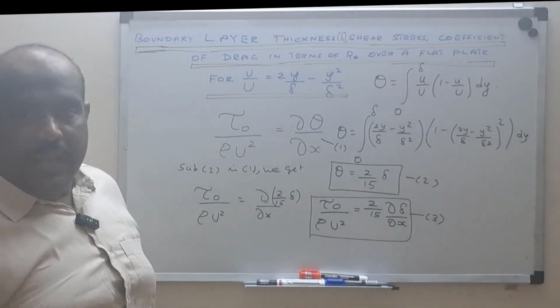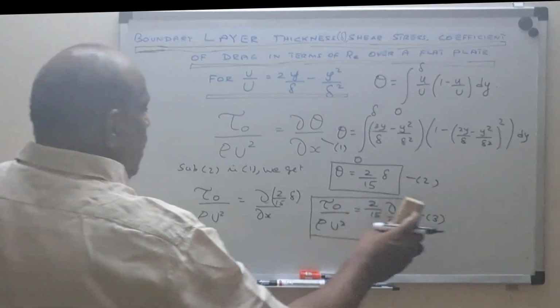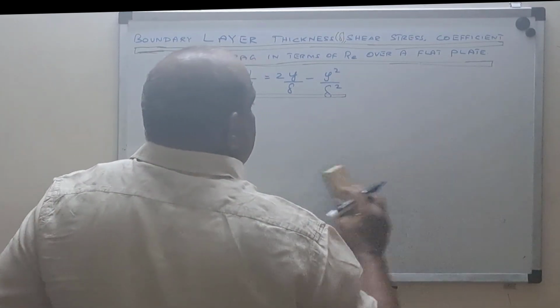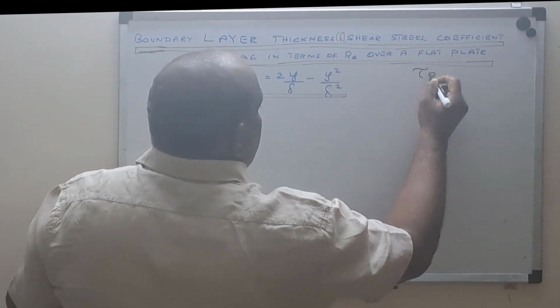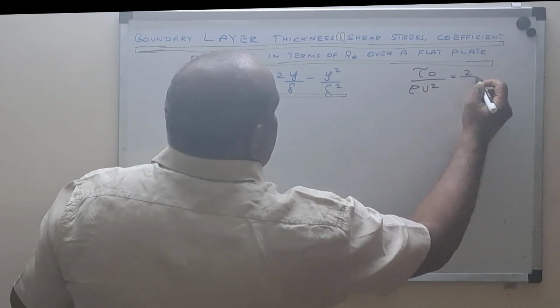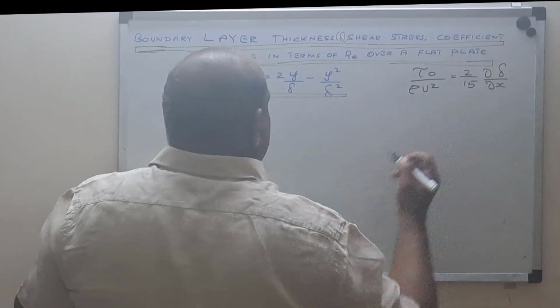So I will erase and retain this equation alone. So now we have obtained an equation, tau naught by rho U squared equal to 2 by 15 of dou by dou x of delta.